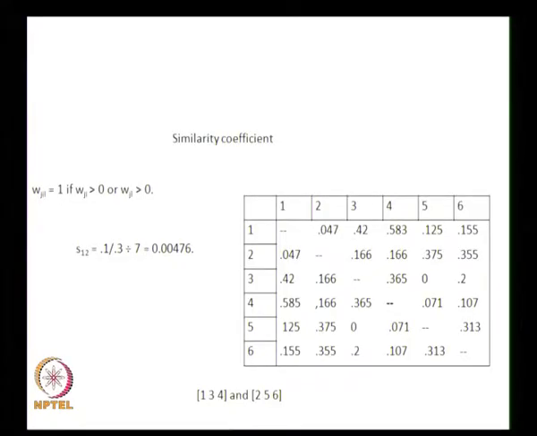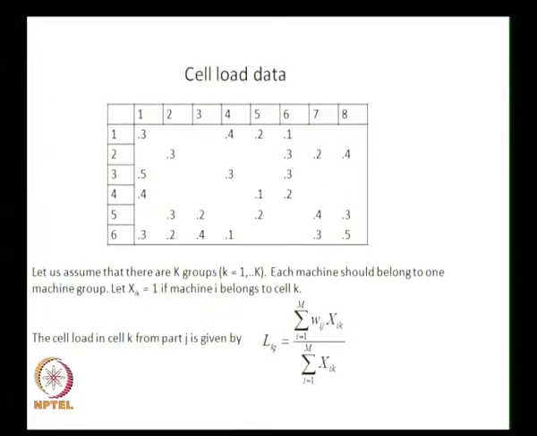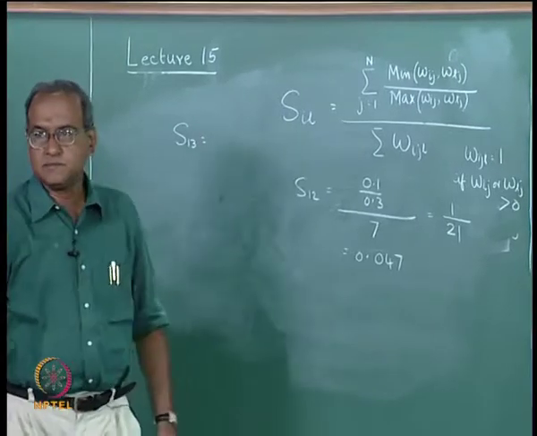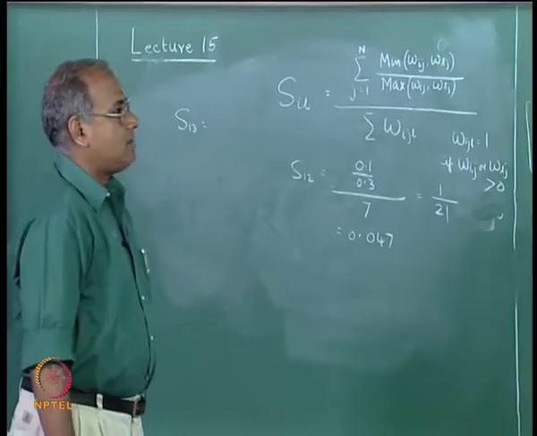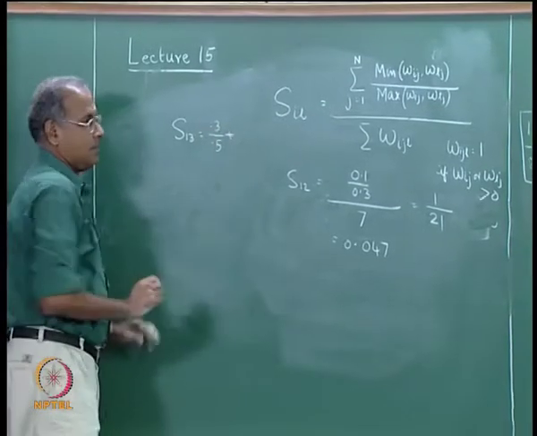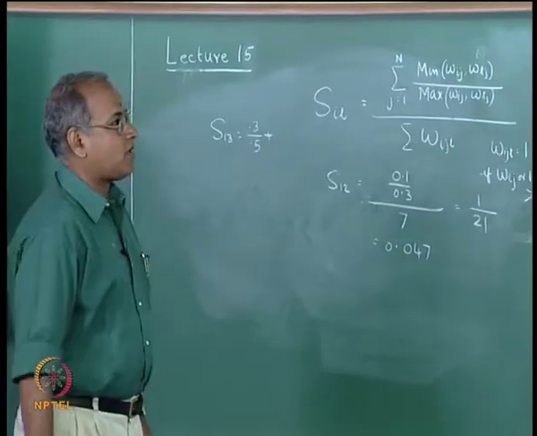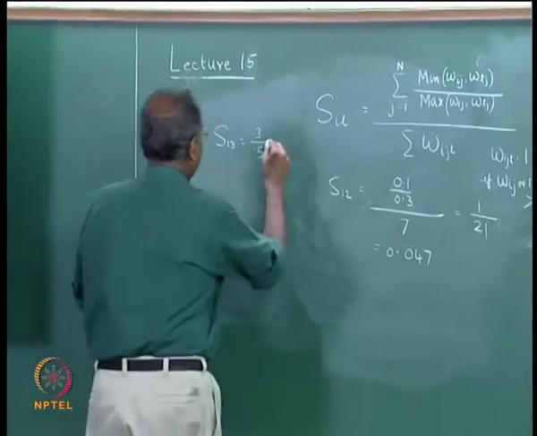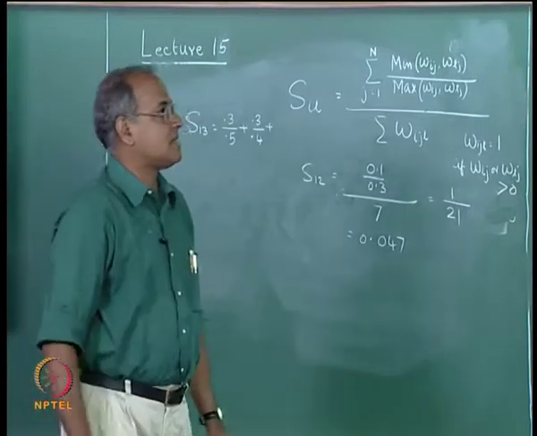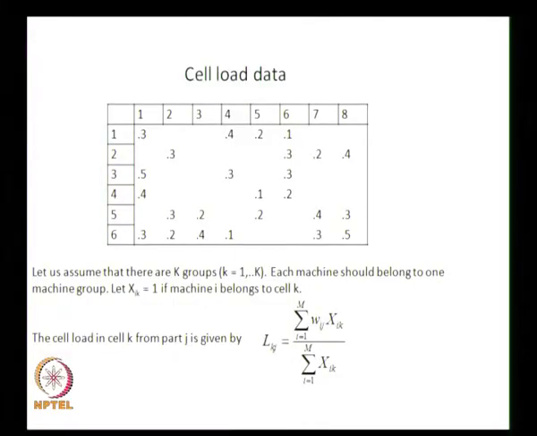Let us also explain 1 and 3. If we take 1 and 3, part 1 is common, part 4 is common, part 6 is common. So part 1 will contribute 0.3 by 0.5, minima by maximum. Part 4 is common, it will contribute 0.3 by 0.4, and part 6 is common, which will contribute 0.1 by 0.3.